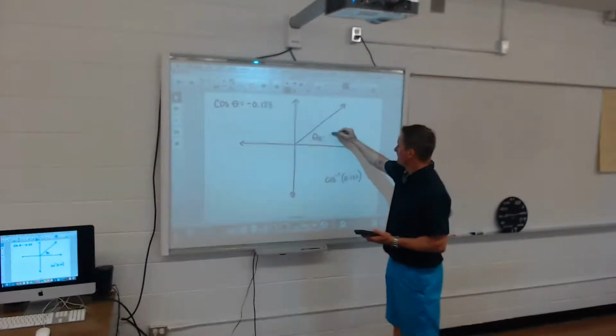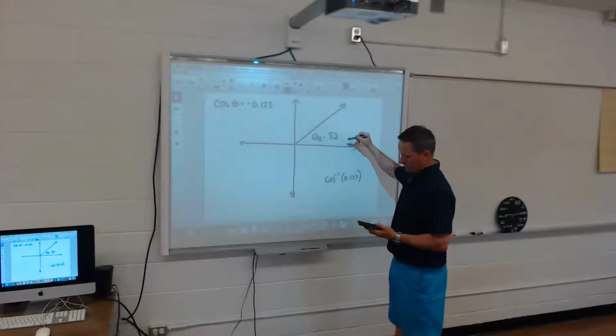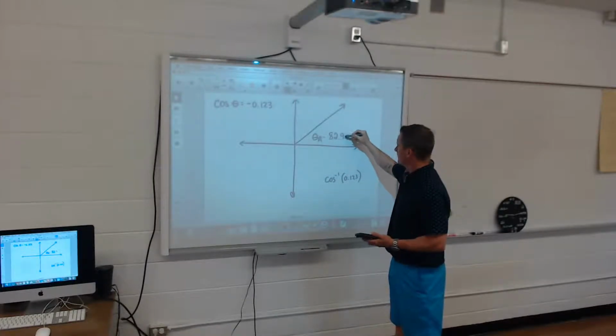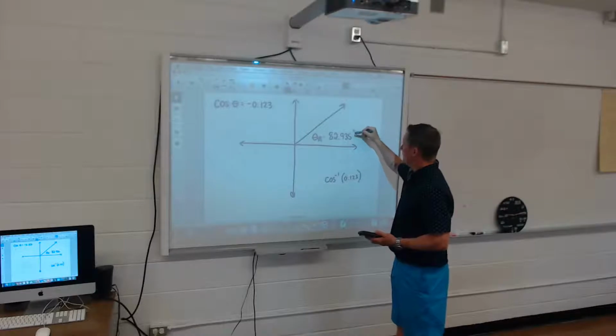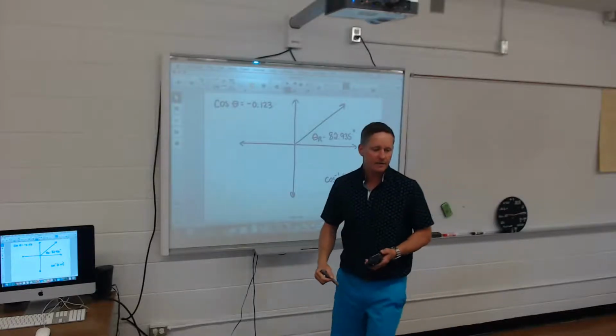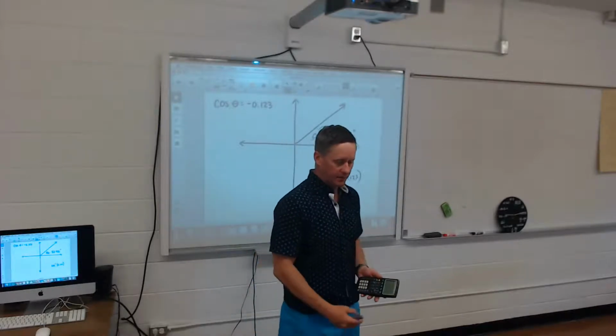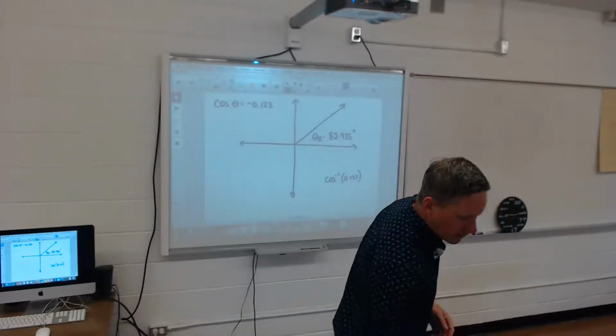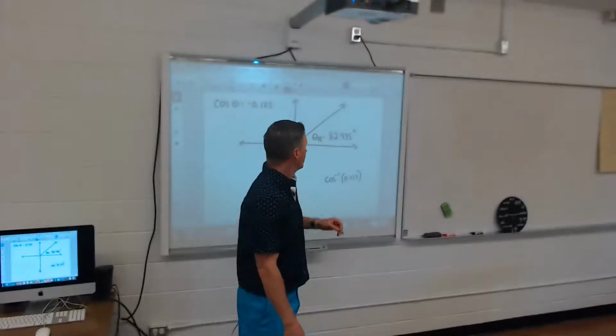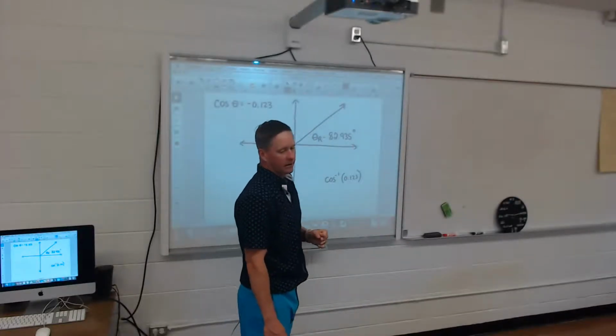Enter. So my reference angle is 82.935 degrees. Again, I use the positive ratio, not the negative here.